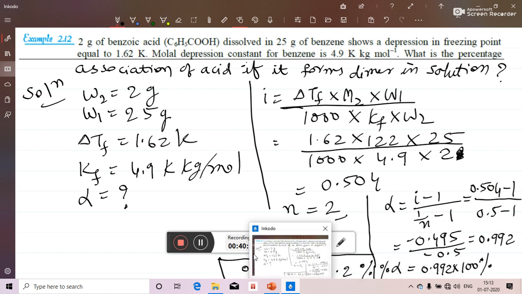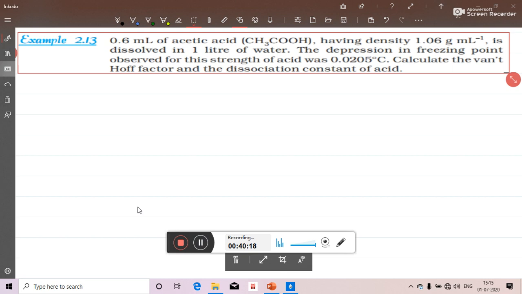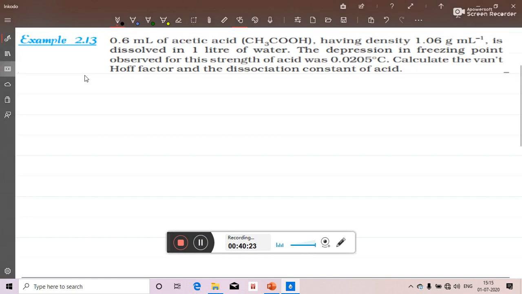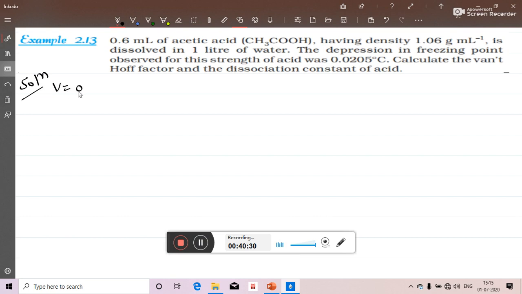Now next is example 2.13. 0.6 ml of acetic acid. So volume of acetic acid is 0.6 ml, having a density of 1.06 gram per ml.